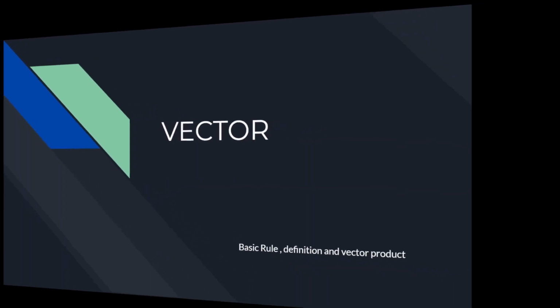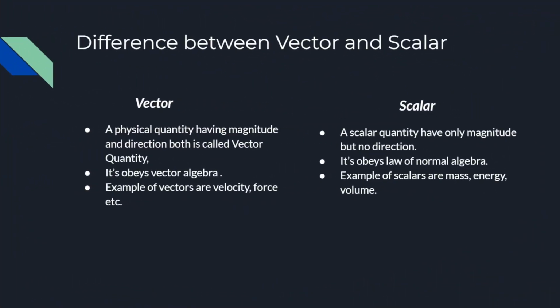Let's start with the first thing: the definition and difference between a scalar and a vector. A vector is a physical quantity having both magnitude and direction. A scalar is a physical quantity that has only magnitude but no direction. The vector always obeys vector algebra, but a scalar obeys normal algebra.